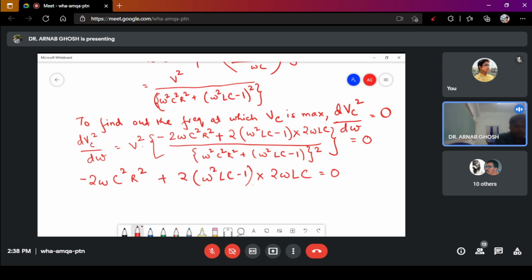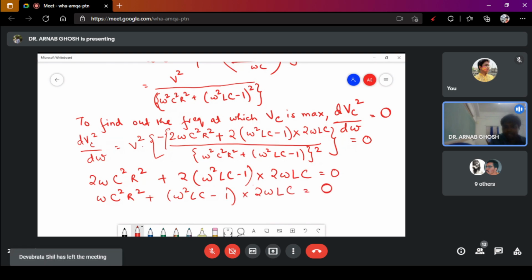So you are left with minus omega c square r square plus omega square LC minus 1 multiplied by 2 omega LC, equal to 0.